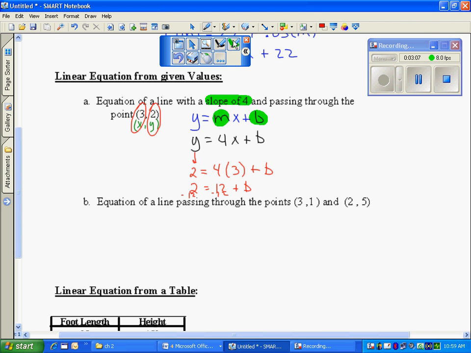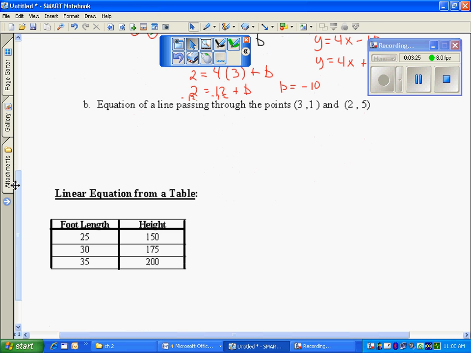I get b is equal to a negative 10. Now I have all the information. Y equals 4x minus 10. You also could write it as 4x plus a negative 10, either way. And now I see my start value and my slope.